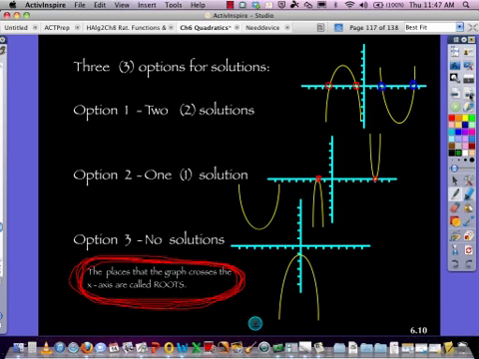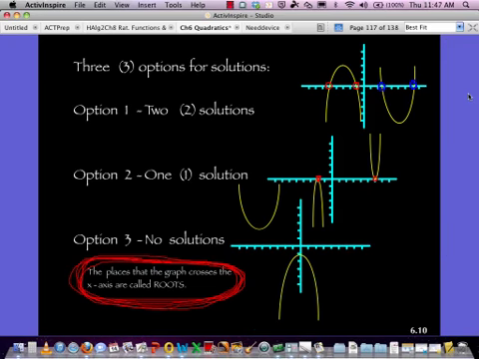Then one option would be the vertex right on the axis, and it could either go up or down. And then last but not least, what if it doesn't cross the x-axis at all? Opens up and starts up above, opens down and starts below. Those are the 3 choices that we've seen in parabolas. And remember, parabolas are what we're talking about, open up or down only.